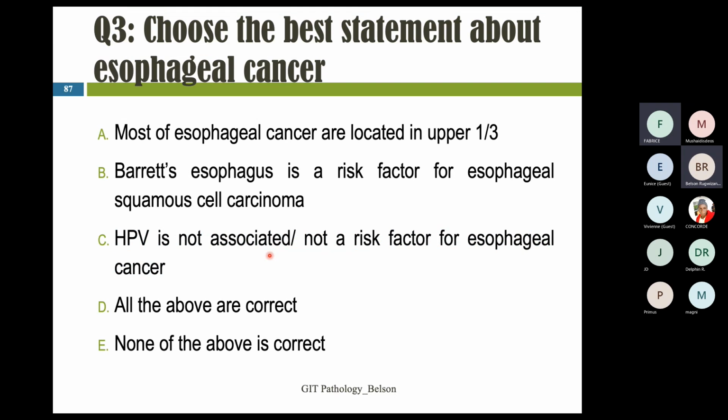A third question about esophageal cancer. Most of esophageal cancer are located in the upper 1/3. Second, Barrett's esophagus is the risk factor to esophageal squamous cell carcinoma. C, HPV is not associated with esophageal cancer. And then, or are correct or none is correct.